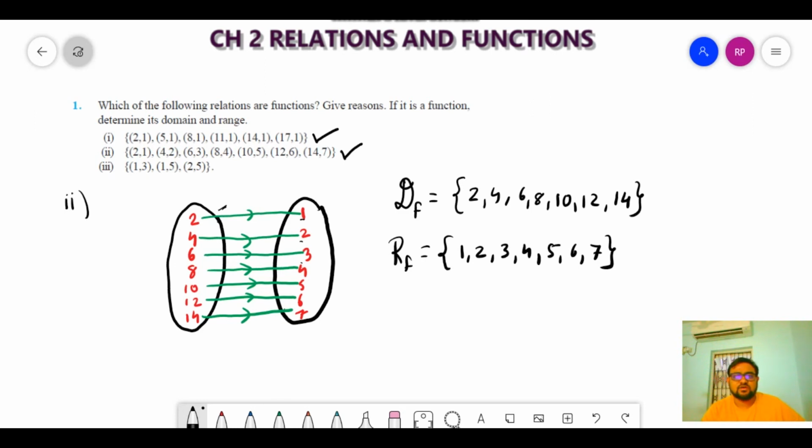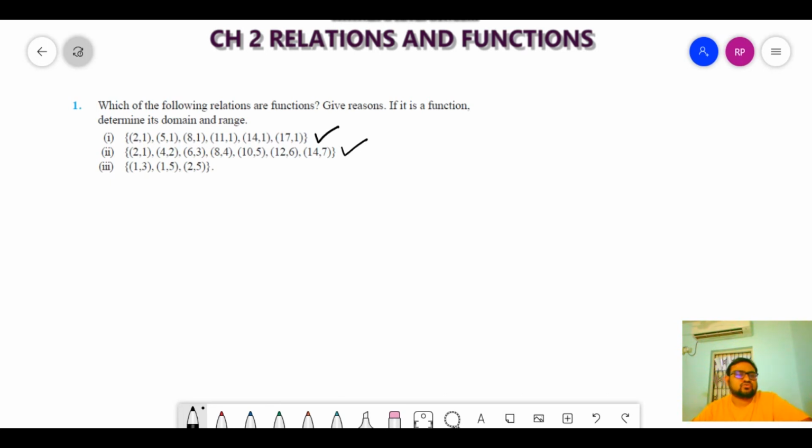Okay, now let's move to the third part of question number 1. The ordered pairs given here are (1, 3), (1, 5), (2, 3). So I will draw an arrow diagram.